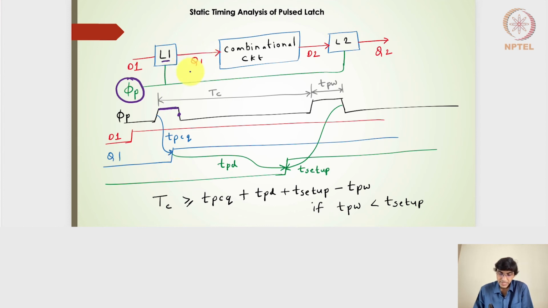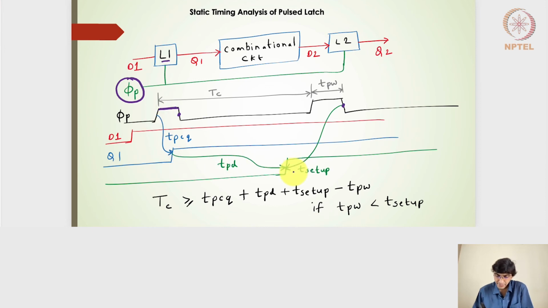And then once we have the Q1 output, it goes to the combinatorial circuit. The output of the combinatorial circuit will be available after the propagation delay of the combinatorial circuit. And then let's say that it arrives much earlier than the T setup time of this pulse signal for the pulse latch. Remember that the setup time is always with respect to the negative edge of the pulse signal, for a positive level pulse latch.